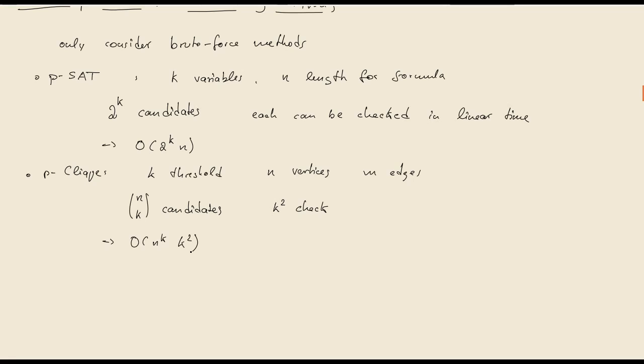Now here, if this is not so familiar to you, the binomial coefficients can be written as n to the k falling divided by k factorial, where this is just n times n minus 1 and so on, k terms.